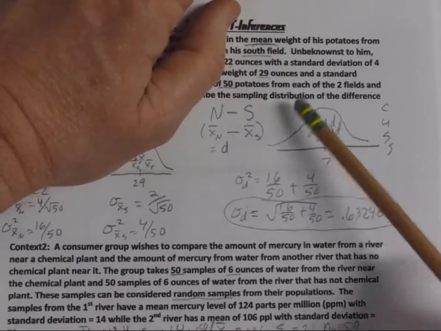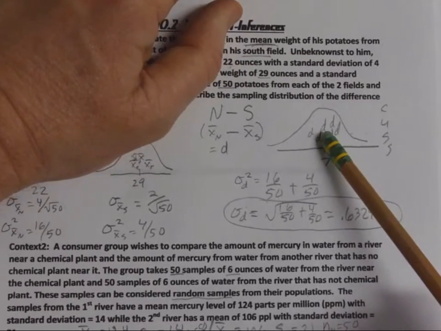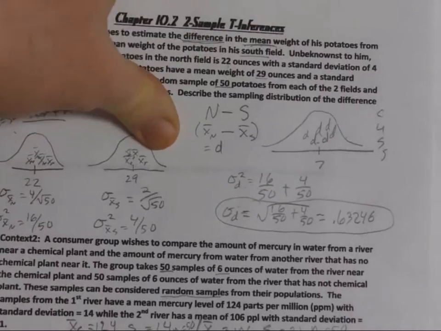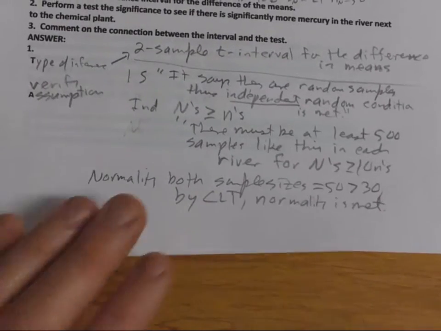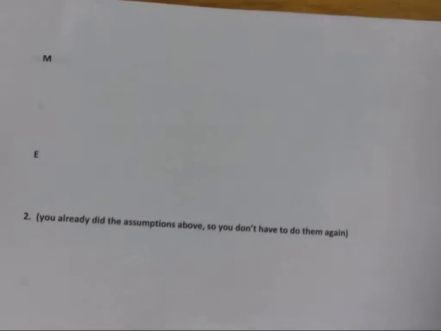In other words, all these possible differences between our sample means will be approximately normal, okay? So you can just say it like that. So that is that. We have I sin, okay? I sin, so that's good. And so now we do our mechanics, okay?